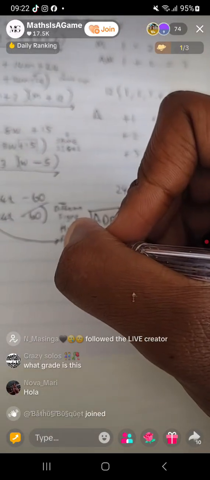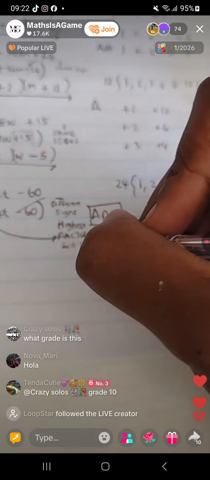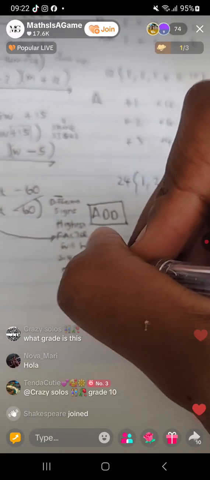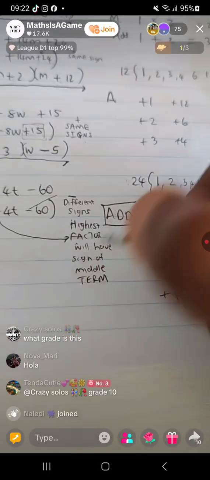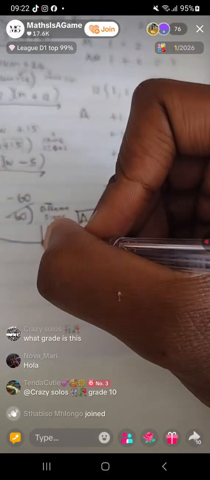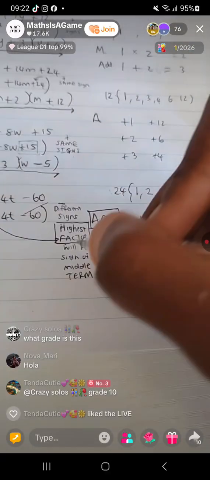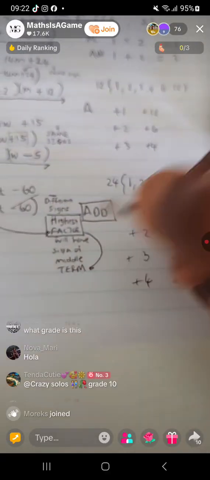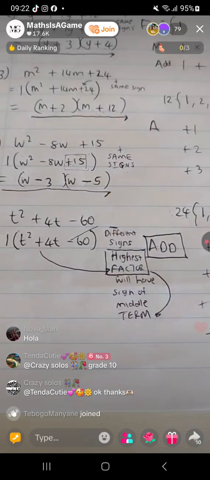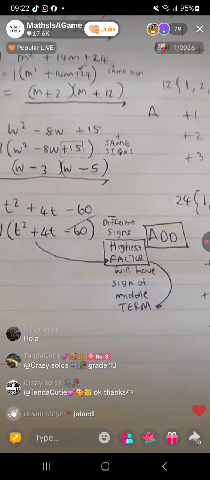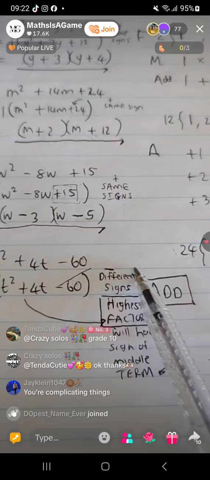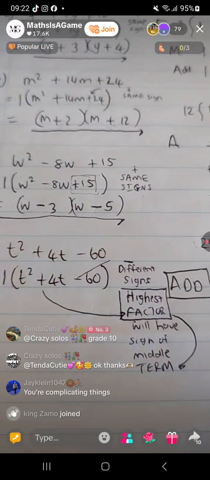The highest factor will have the sign of the middle term, or in other words, the sign of the mother will be attached to the highest factor. It is not going to be attached to the lowest factor. It's going to be attached to the highest factor. So I repeat, guys, the minus means different signs.